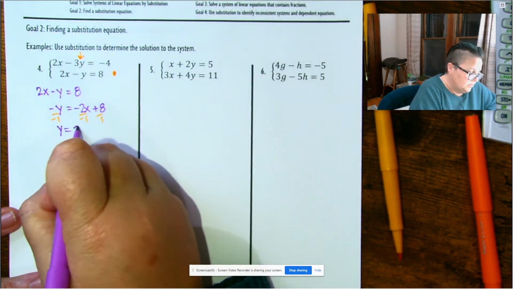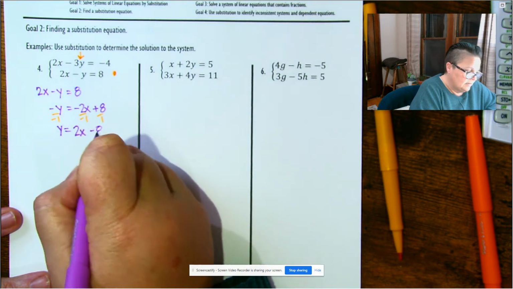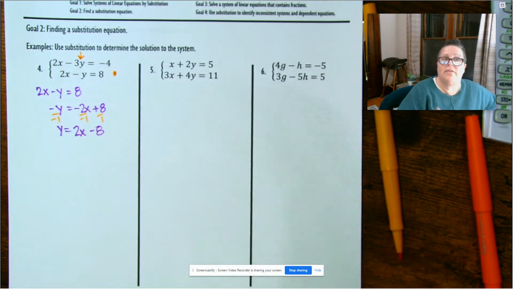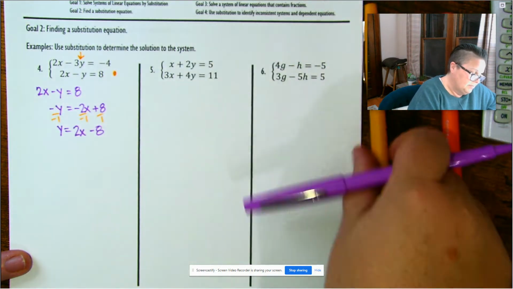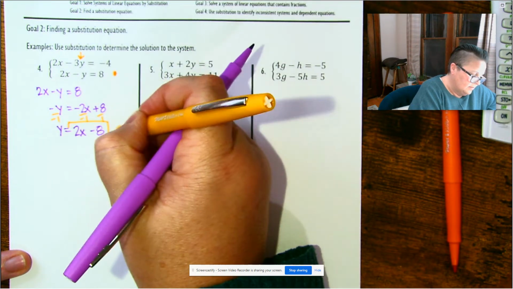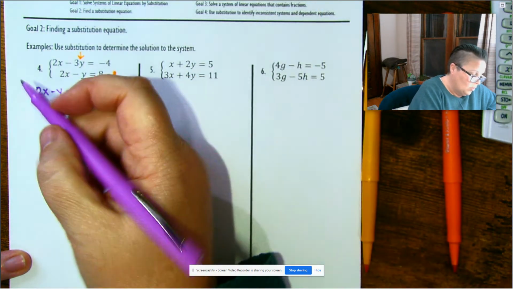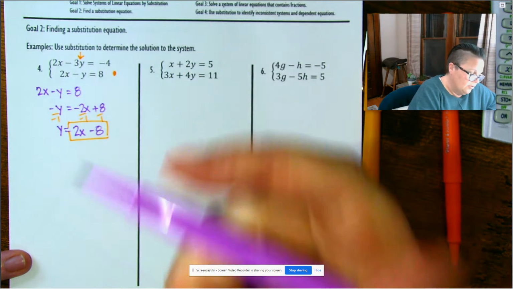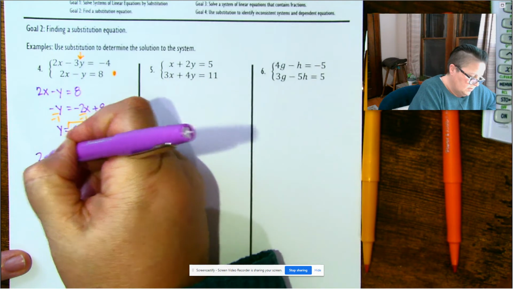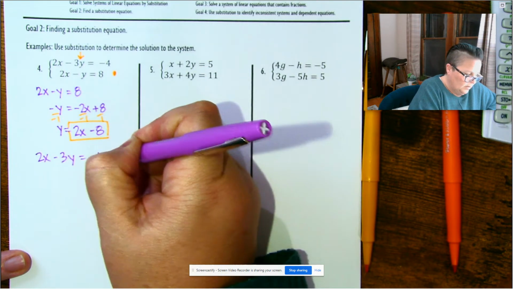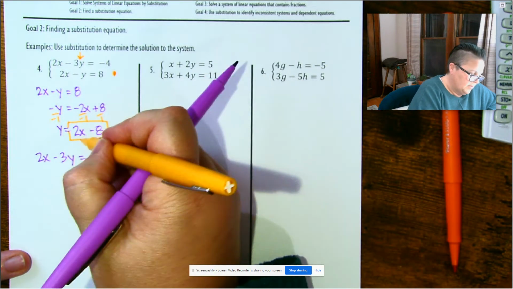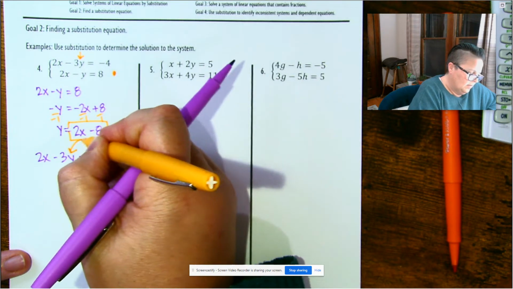So y would equal 2x minus 8. Now that I have this solved for, I am going to take everything that y is and put it into the other equation. So 2x minus 3y equals negative 4. I'm going to put all of this in for that y.